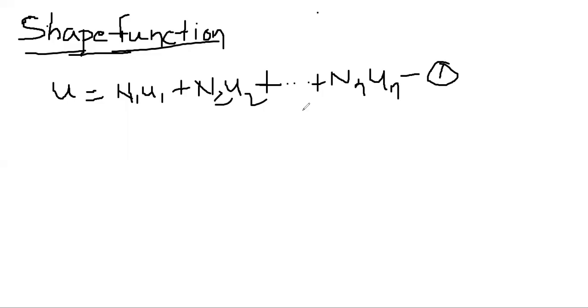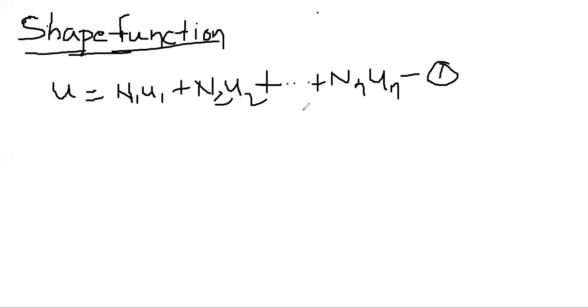In this displacement equation, N1, N2, N3, and N4 or Nn are the shape functions of this particular element, where u1, u2, u3, un are the nodal displacements. u is the displacement at any point within the element.